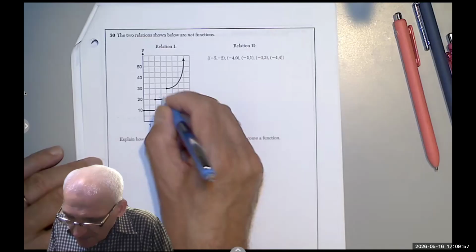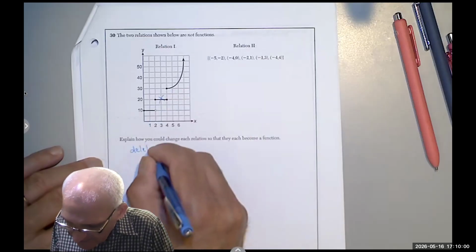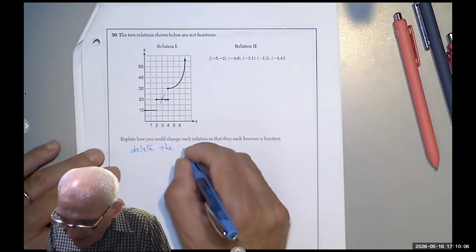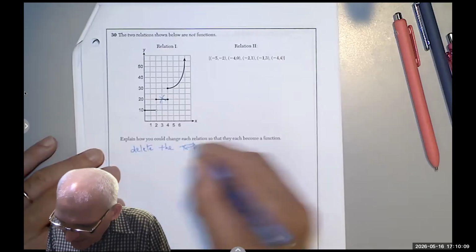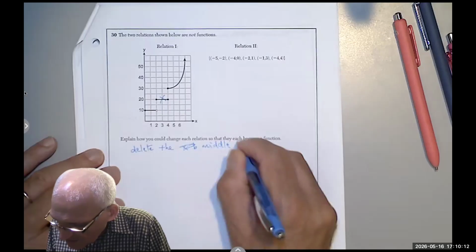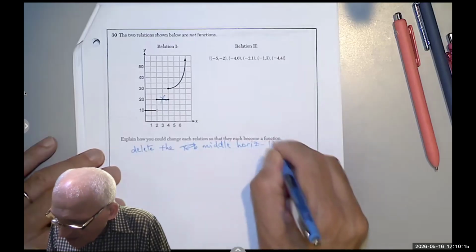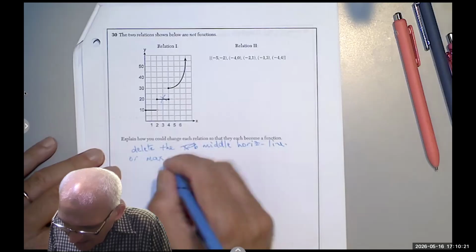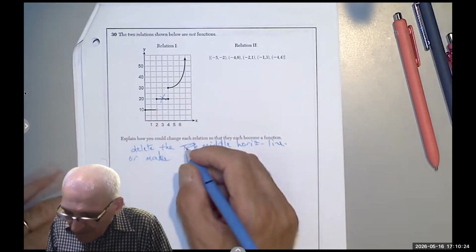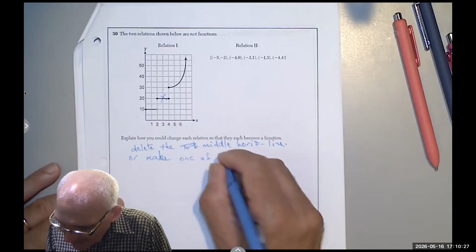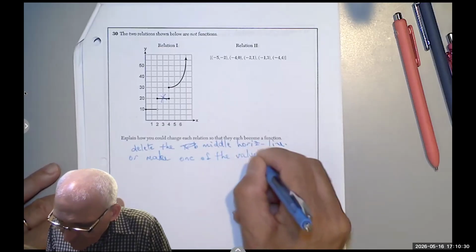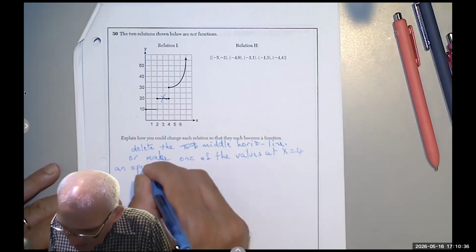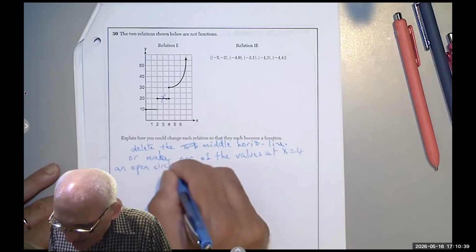So I can delete the middle horizontal line, or I can make one of the values at x equals 4 an open circle, an open hole, instead of closed.